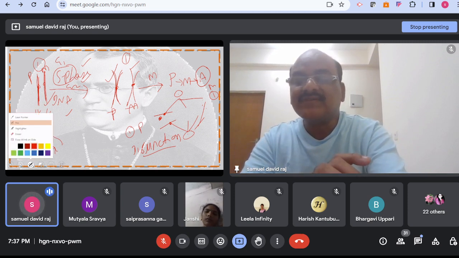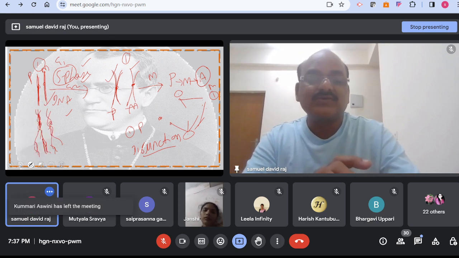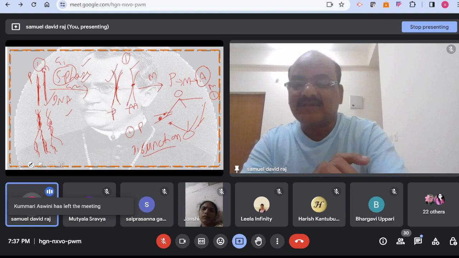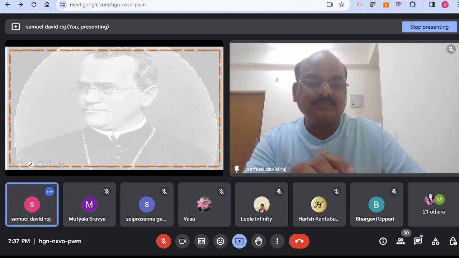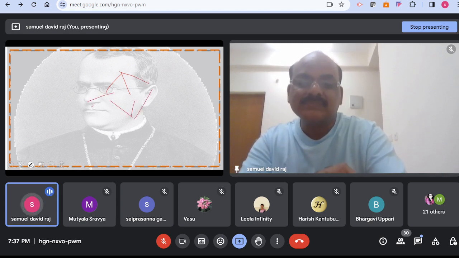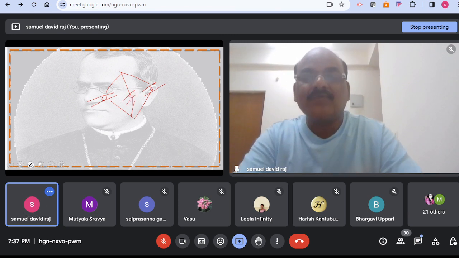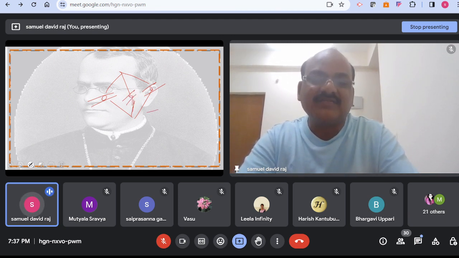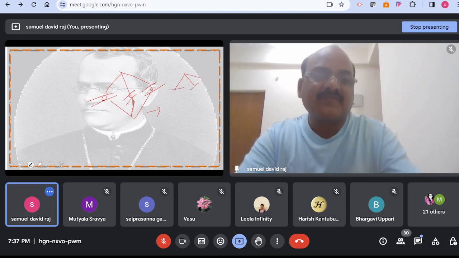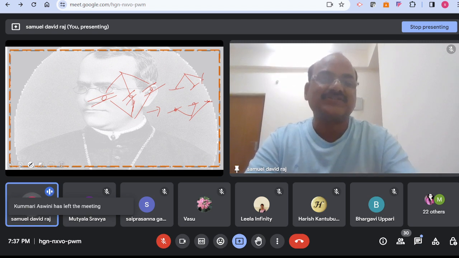What happens if there is no separation? Let's see. So this is how they are connected to the same centromere. Now, if separation takes place, the chromatids become chromosomes and one goes to one pole and the other to the other pole. That is disjunction.